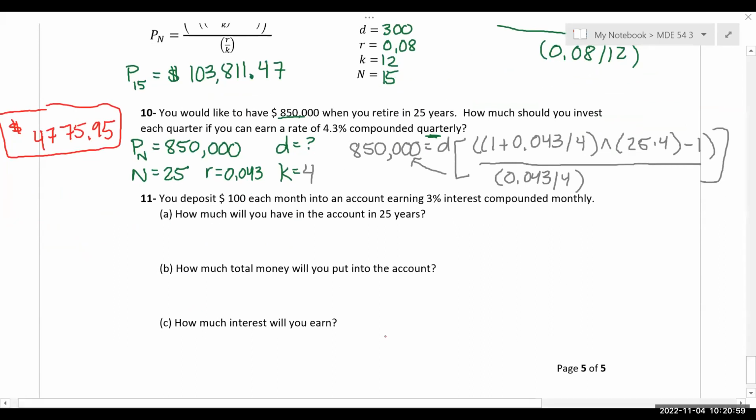All right, last one. We deposit 100 a month into an account earning 3% compounded monthly. How much will we have in the account after 25 years? So I've got the D, I've got the R, I've got my K, and I've got my N. I need my PN.